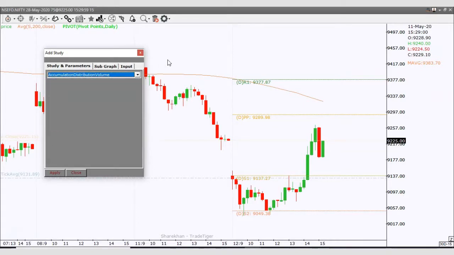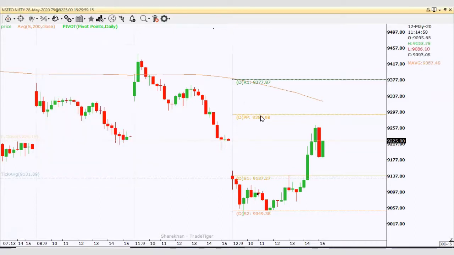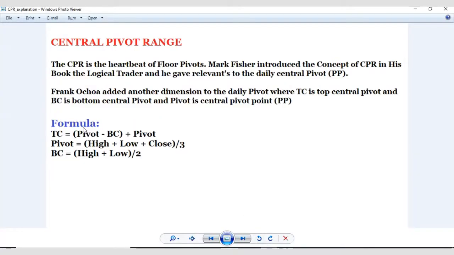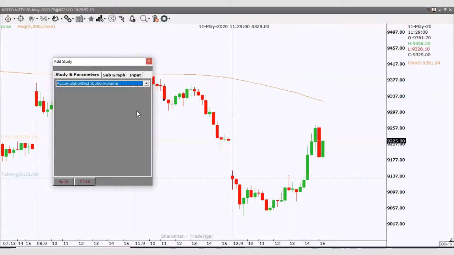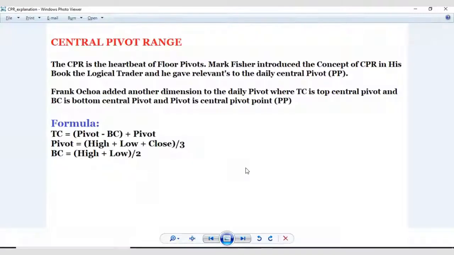If you want to add it directly rather than calculating every day using this formula, then like pivots, how they come directly onto the screen, we can add them with a single button, apply, and it came.